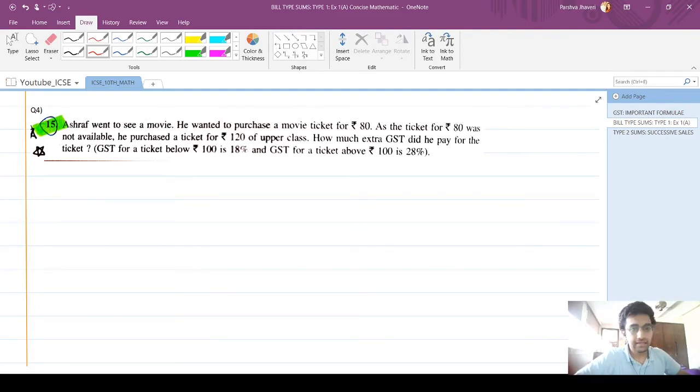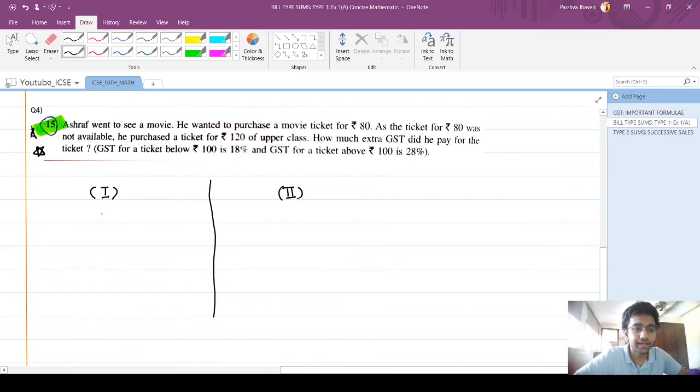Now, you can solve this sum very easily. I will solve this using two cases. Okay, case 1 and case 2. Sorry, my line is a little weird, but I drew it freehand. Okay, case 1, the SP1, SP for the theater. The theater was selling the ticket, so SP1 is 80. And GST1 is the rate. GST rate for the cheaper ticket is 18%.